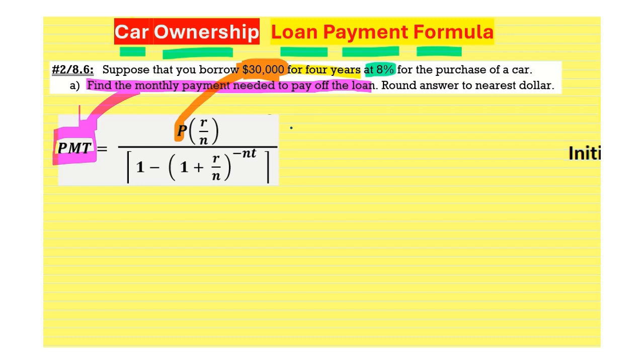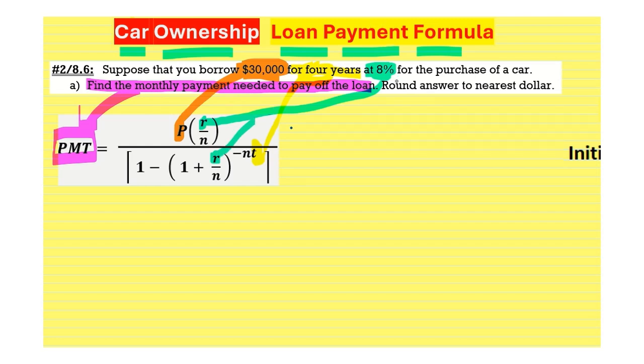They also gave us 4 years. So 4 years is going to be the time. We're going to put that number in the time position. And we also got 8% interest rate, and that rate is going to go here and here. So two different places the rate will go.